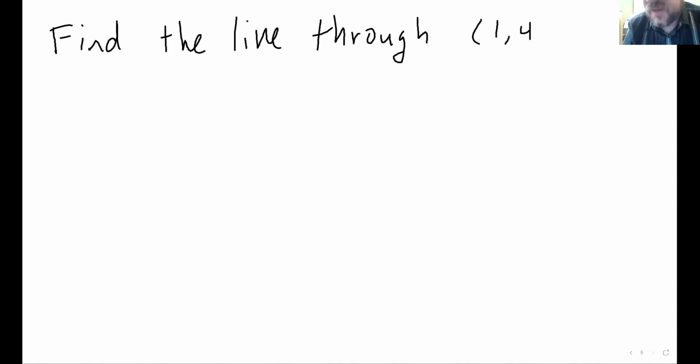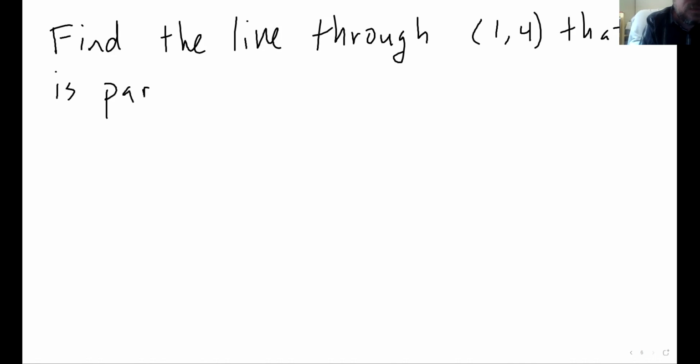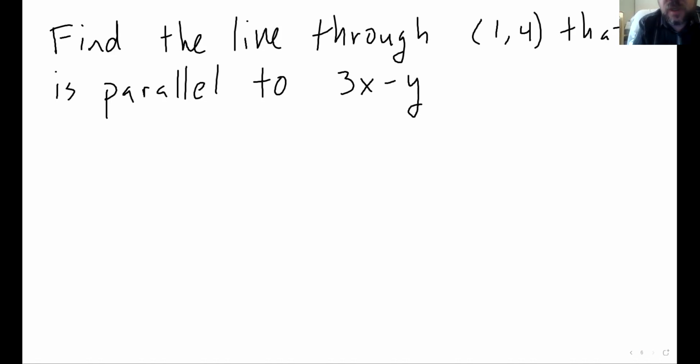That's less easy. That is parallel to 3x minus y equals 7. All right, so I need to figure out what the line is, the line that I'm looking for.